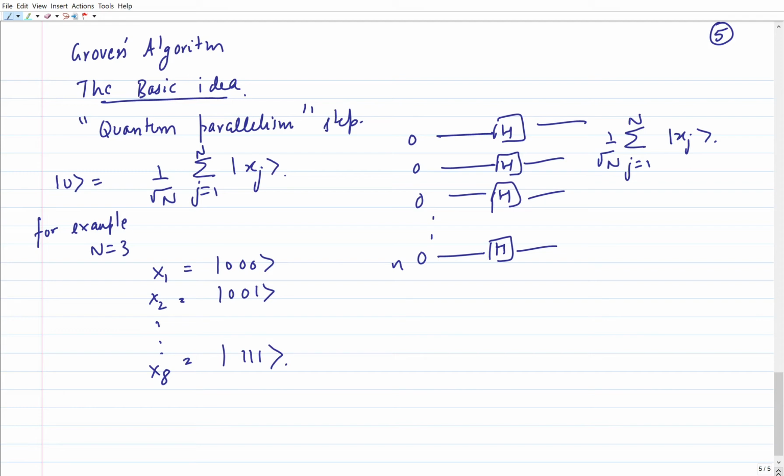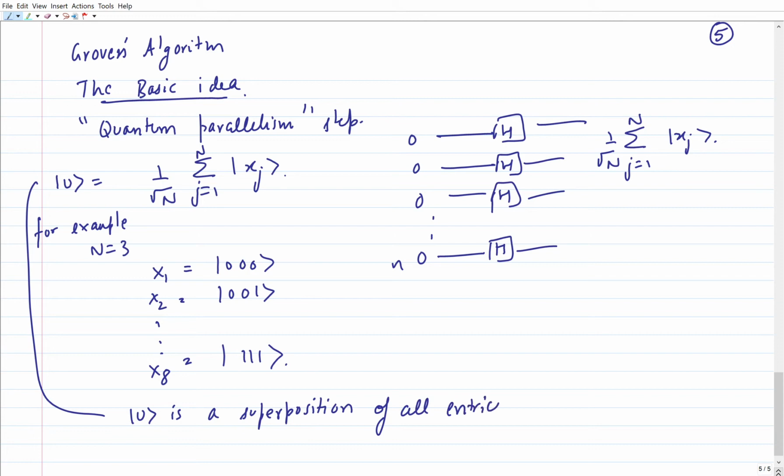So u is a superposition of all entries of the database.